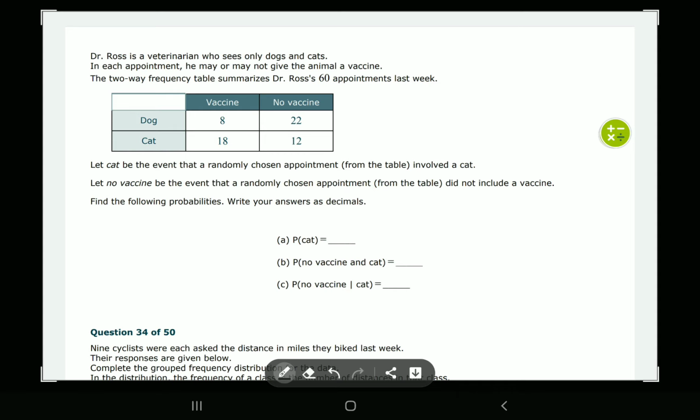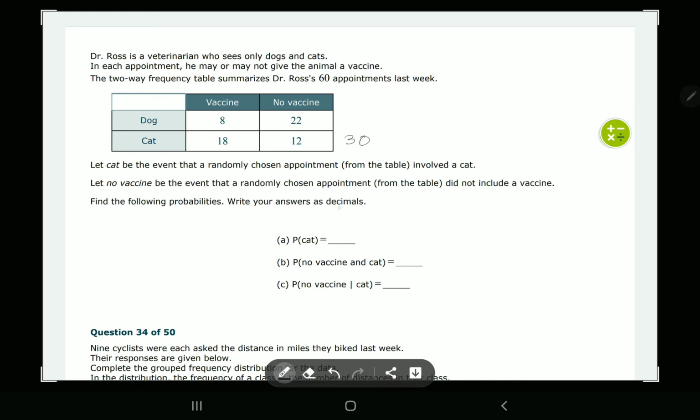To find the probability of a cat in this case, we're going to add up the total for cats and then divide it by the total amount of animals Dr. Ross saw. So to find the probability of a cat, 18 plus 12 is 30. 30 cats.